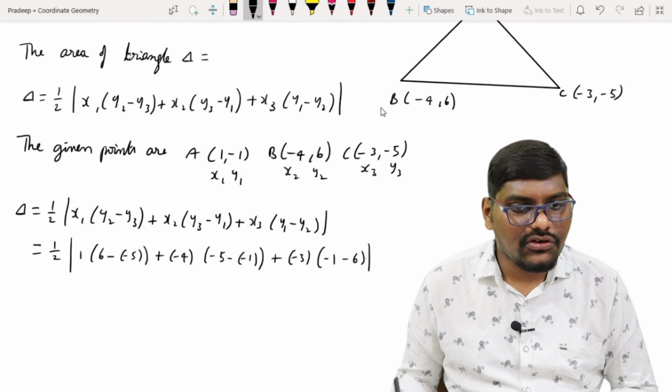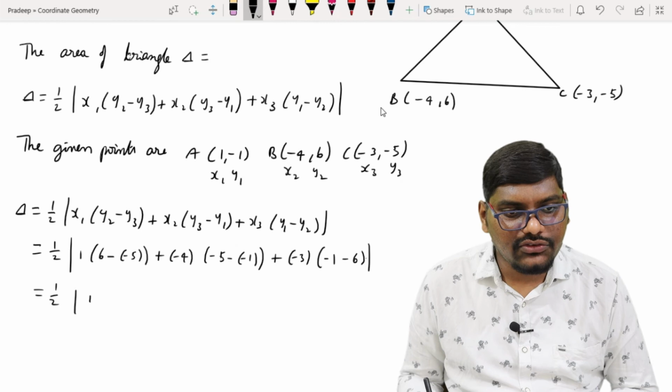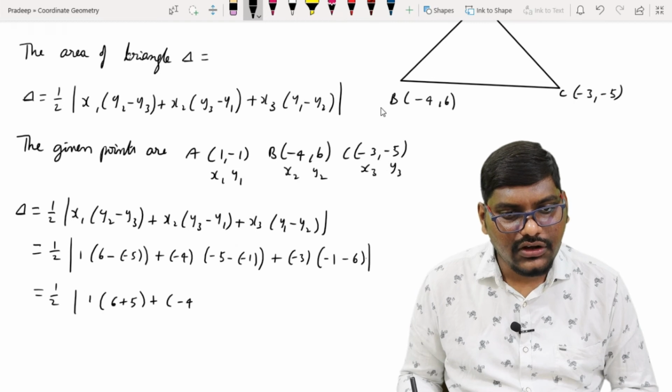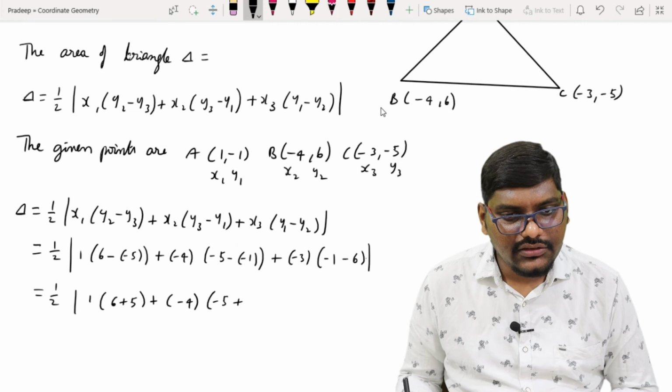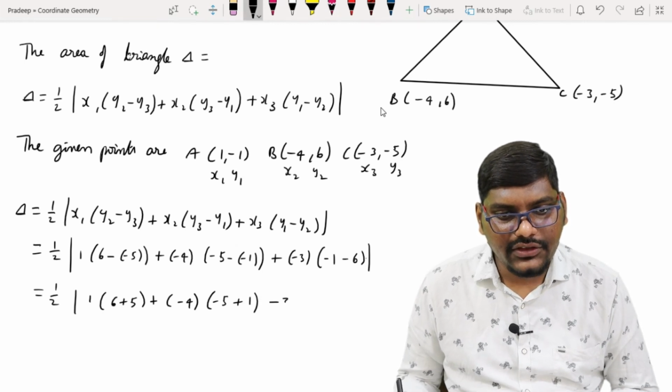Okay, so we'll just solve this: half, this is 1 into 6 minus minus 5, which is plus 5, this is -4, and this is -5 plus 1, so this is -3, this is -7.